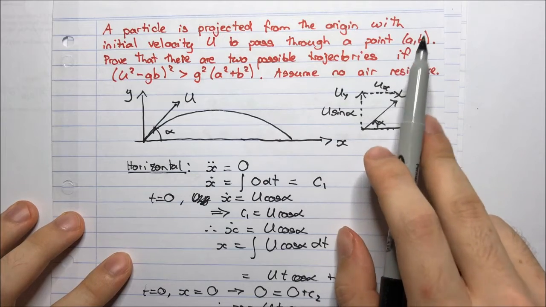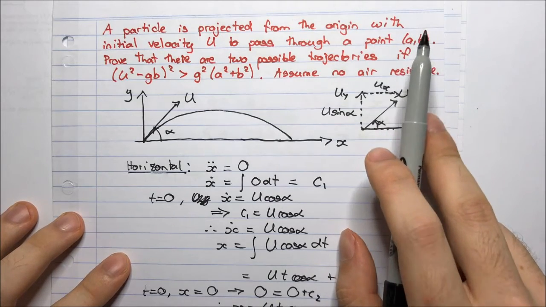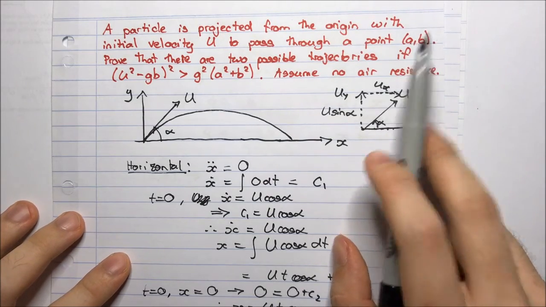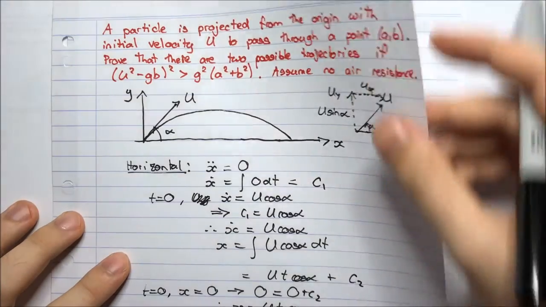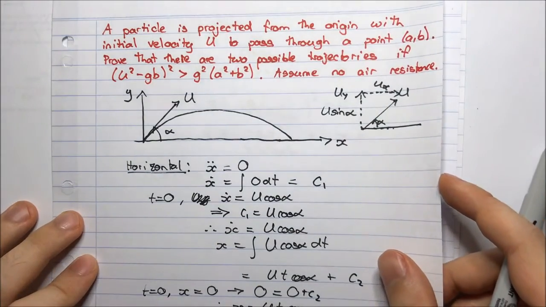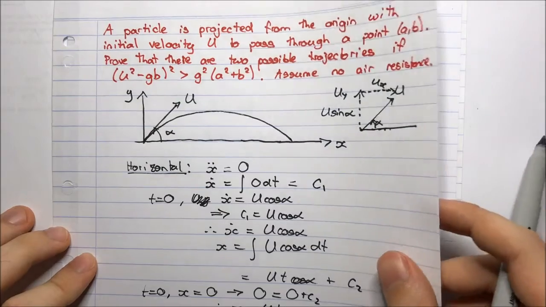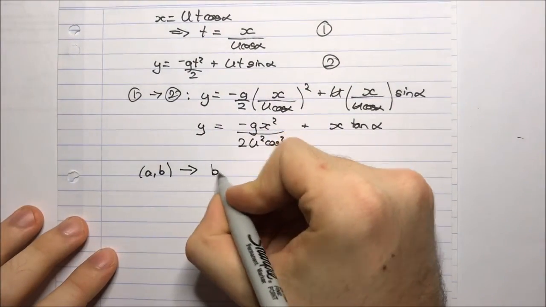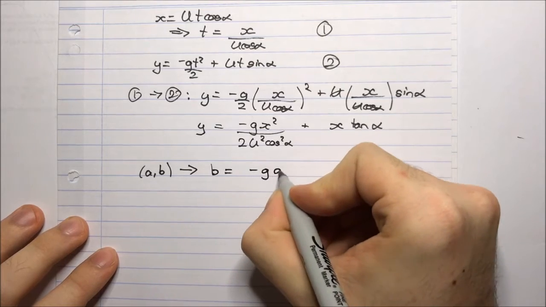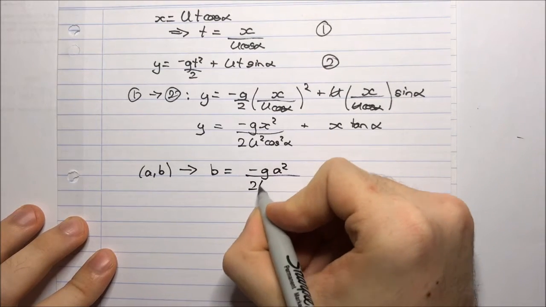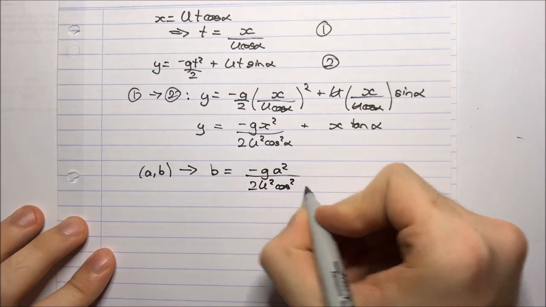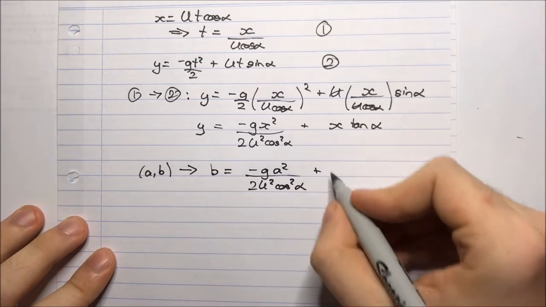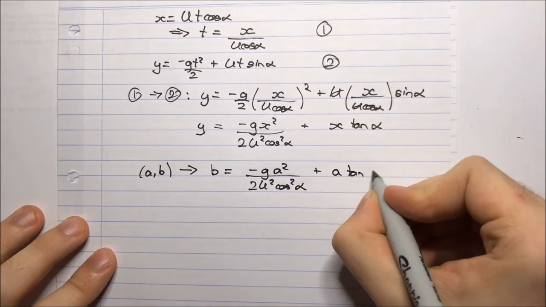So if it passes through the point a, b, a, b must satisfy the Cartesian equation, or the equation which describes the trajectory or the path of the projectile. So substituting that in, I have b equal to minus g a squared on 2u squared cos squared alpha plus x is a tan alpha.